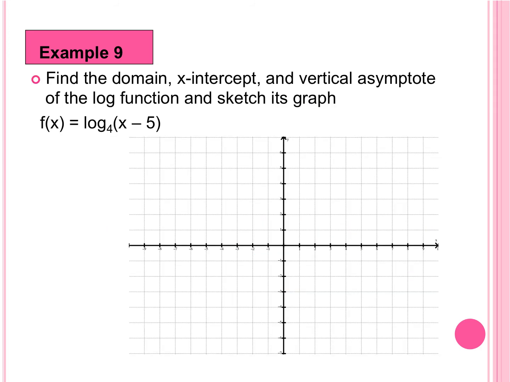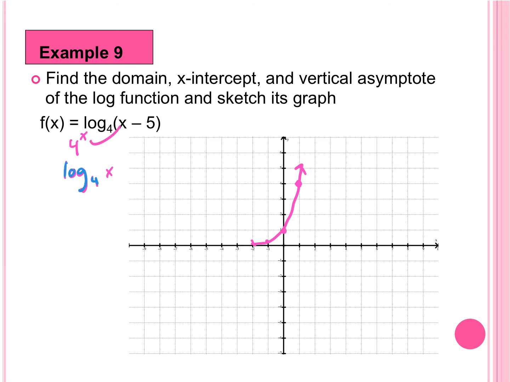All right, so next, here we have log base 4. I know this graph is going to be the inverse of my 4 to the power of x graph. So 4 to the power of x would have points (-1, 1/4), (0, 1), and (1, 4), so here. That's this one.